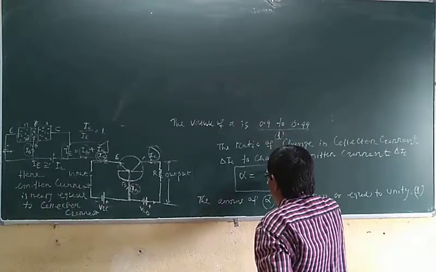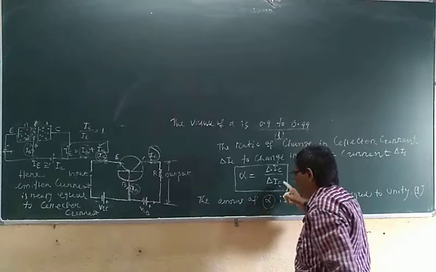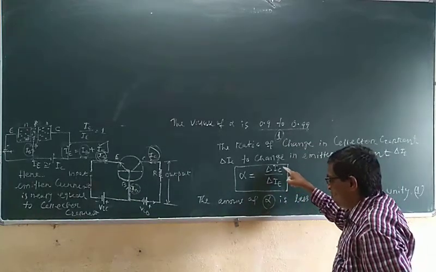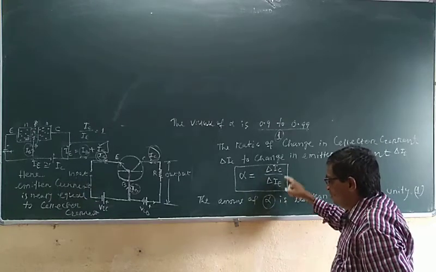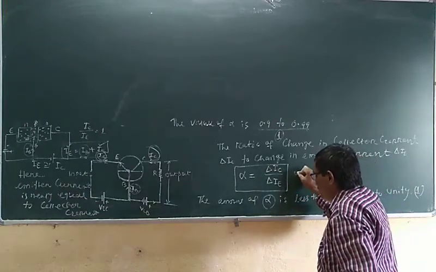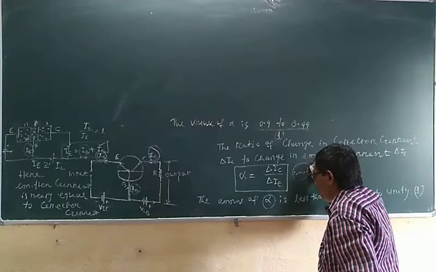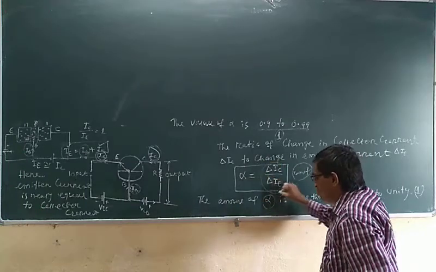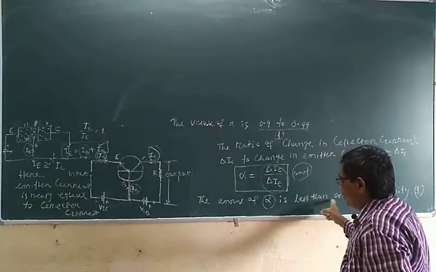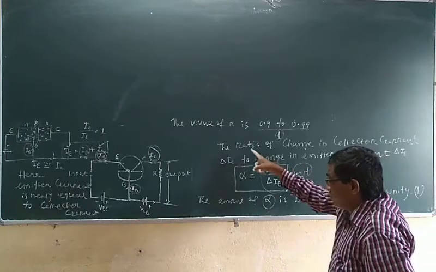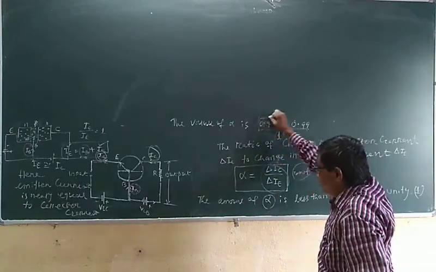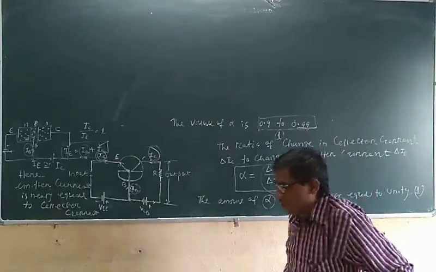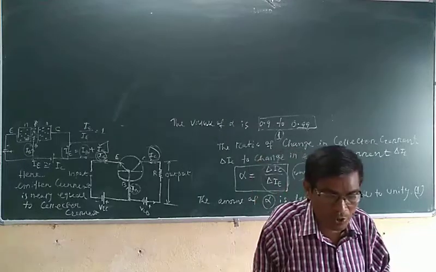So the change in collector current to the change in emitter current is nearly the same. When the same quantities are divided by each other, the ratio approaches unity. So the value of alpha is less than unity or equal to 1, and it lies between 0.9 to 0.99.